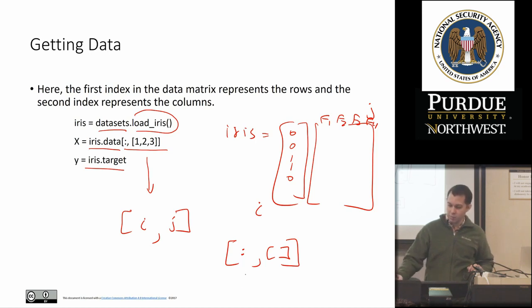So basically it means we want to slice all the rows, every single one, this one, this one, this one, all of them. And then we select which columns we want. So in this case, assuming this starts at 0, we're saying we only want 1, 2, and 3. And we're going to ignore 0. So that's why you say 1, 2, 3.